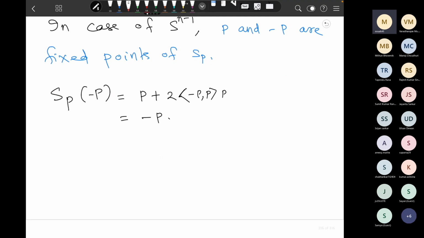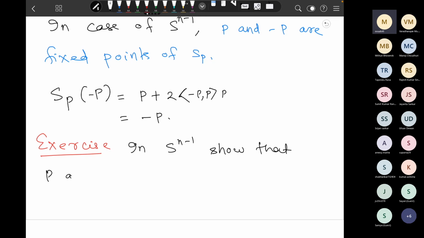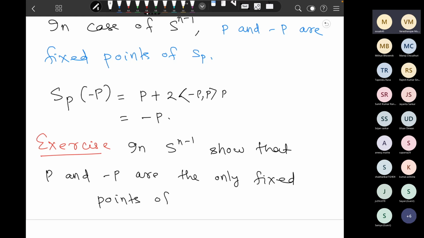So exercise: show that in S^(n-1), P and minus P are the only fixed points of SP.